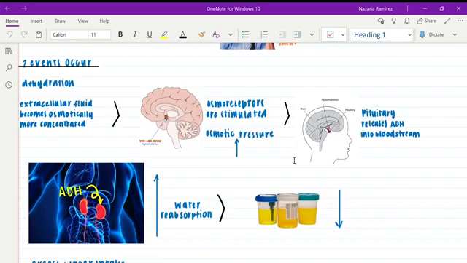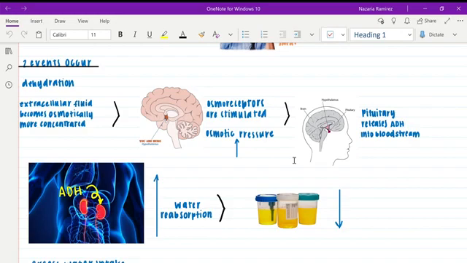The extracellular fluid becomes osmotically more concentrated. That triggers osmoreceptors, and the osmotic pressure is increased. From there, the osmoreceptors in the hypothalamus tell the pituitary gland to release ADH.